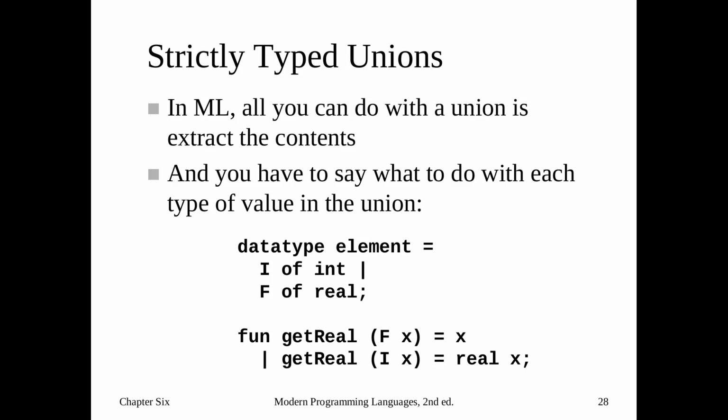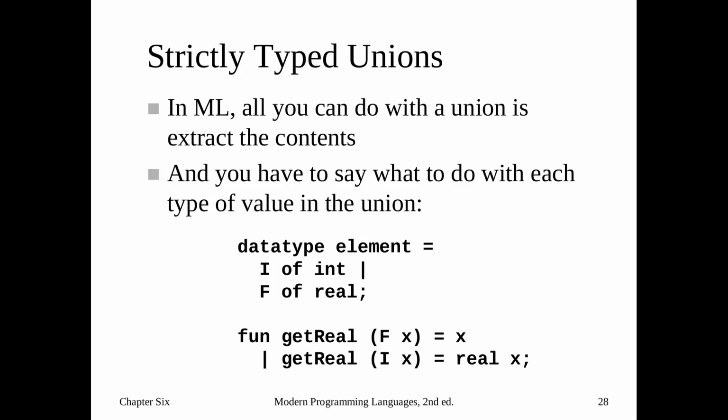So, for example, if I create the datatype element that has an I of int and an F of real, if I try to execute this, I have to create a function that can handle both possibilities. So if I say getReal (F x) = x, right? I also have to create getReal (I x) = real x, right?